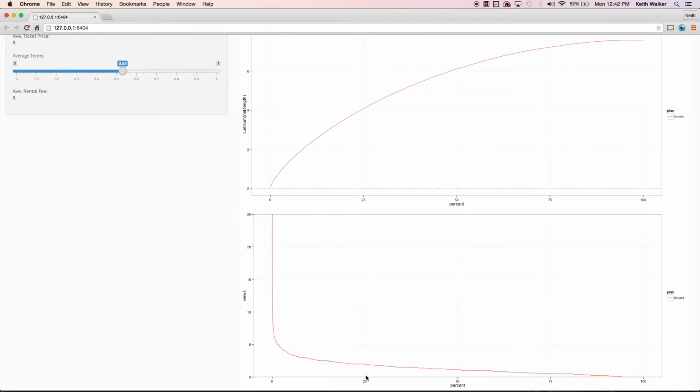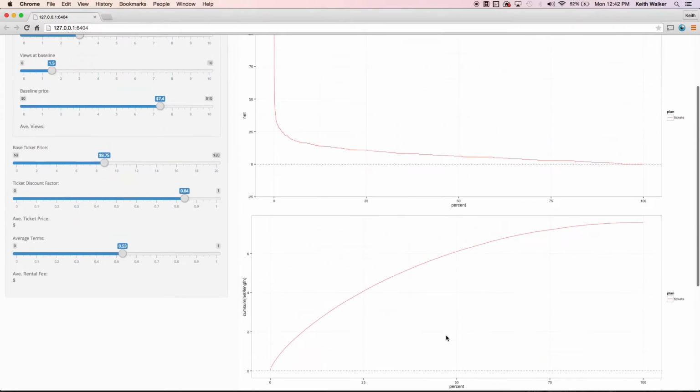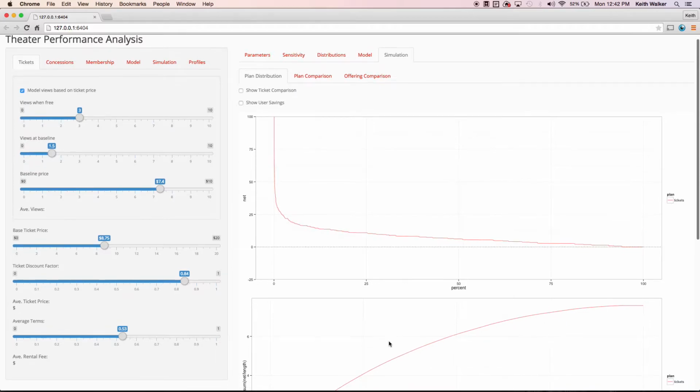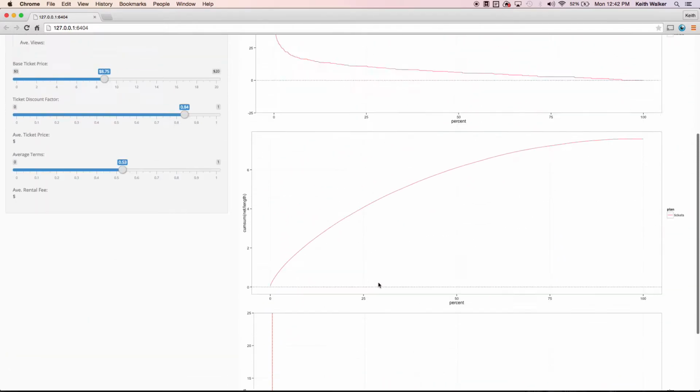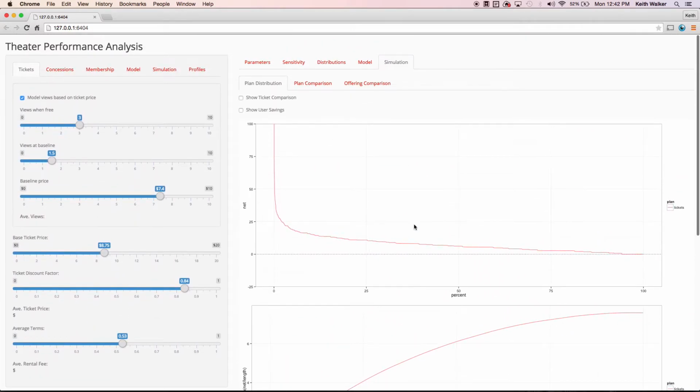And if you look at the 25th percentile, 25% of the people are watching 2.5 movies or more. So 75% are watching 2.5 or less, and so on and so forth. Okay, so that's just views there. And then this plot up here is how much gross, this is net, it's actually gross, you're making per person that walks in the door.